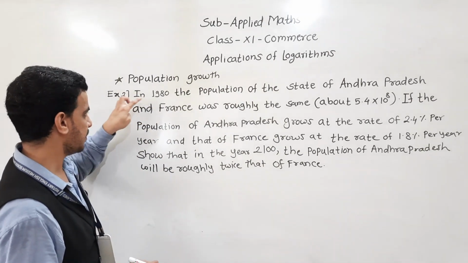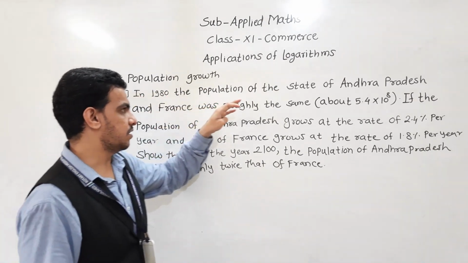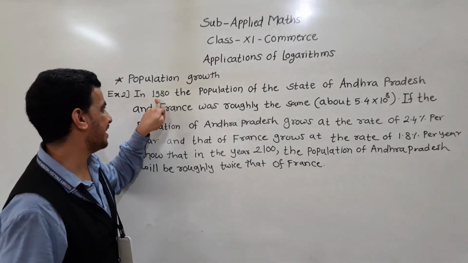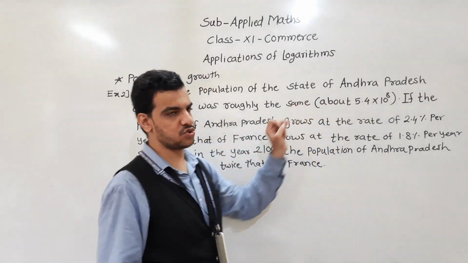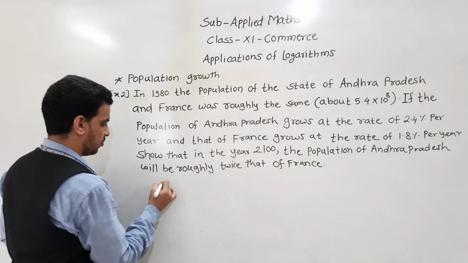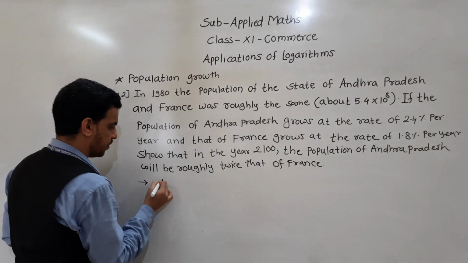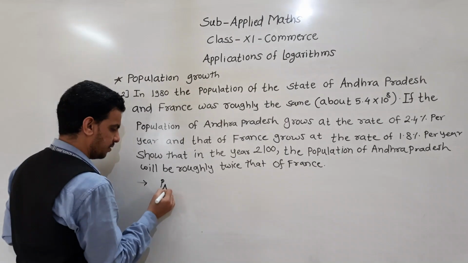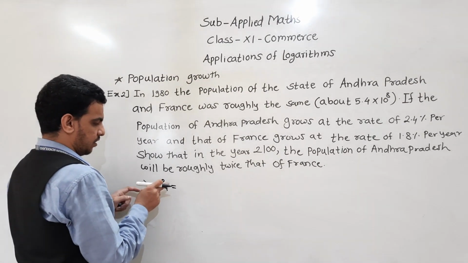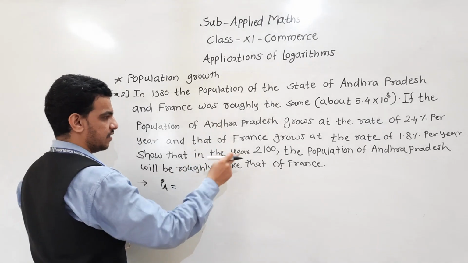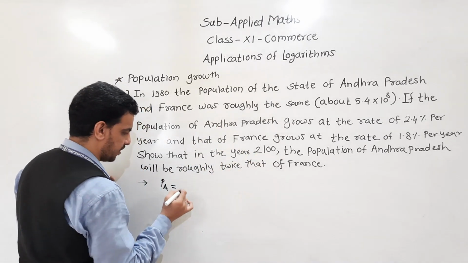Because initially it is given in 1980, that is 5.4 into 10 raised to 8. So suppose the population of Andhra Pradesh is PA in the year 2100. How to find this?